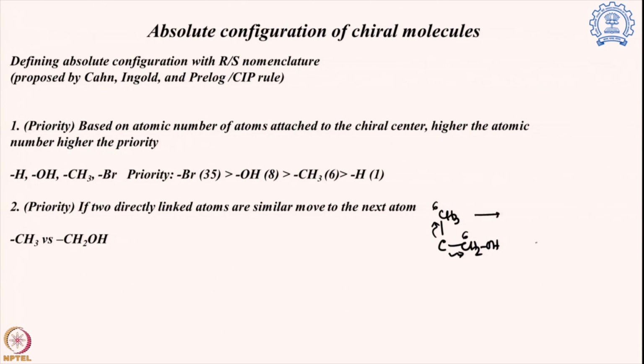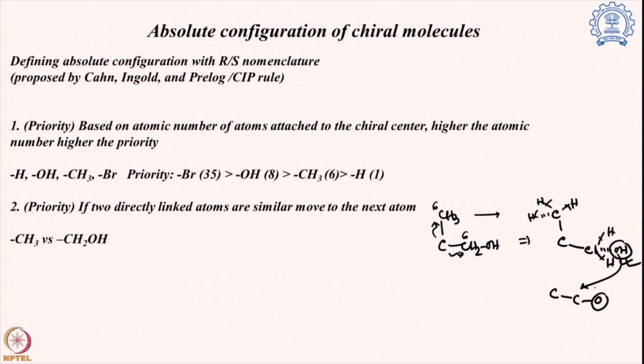So let me draw this molecule a little further away. The CH3 is connected to 3 hydrogens, whereas the CH2OH is connected to 2 hydrogens and 1 OH group. So over there the next atoms are all hydrogen, and over here the next 2 are hydrogen and 1 is OH. So there is a carbon-carbon-oxygen, and this oxygen will get the preference.